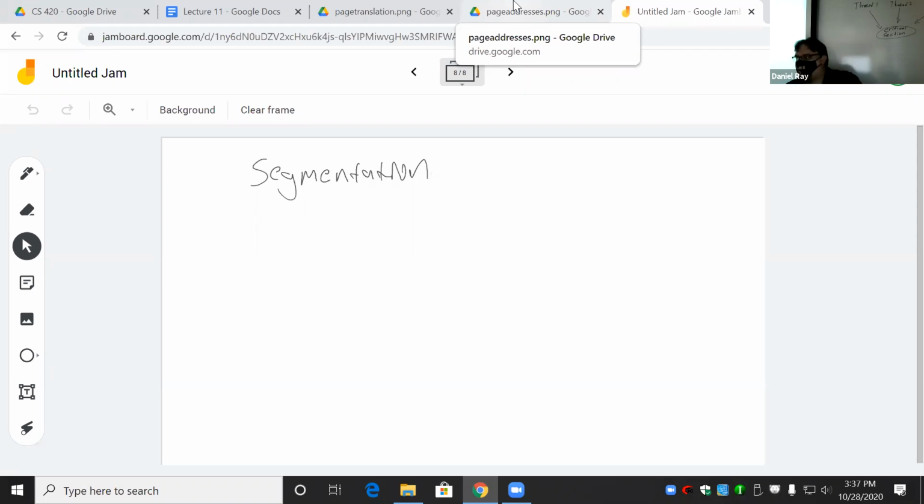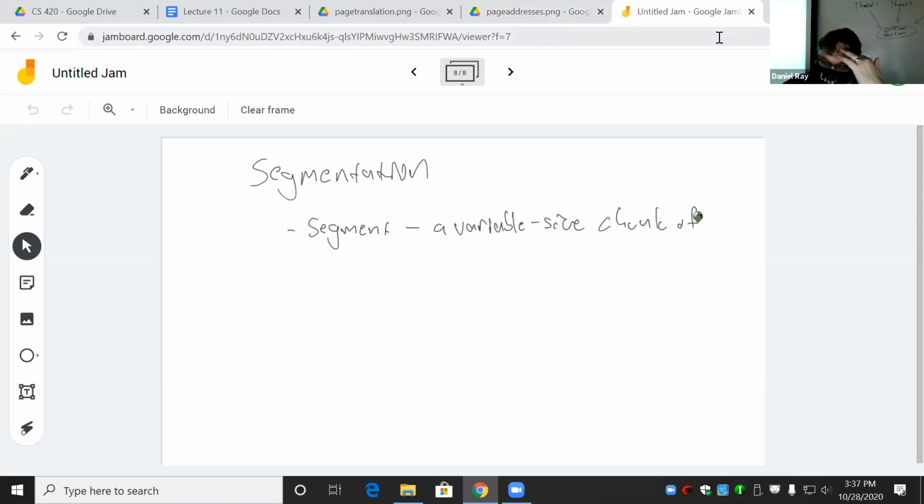I bring that up because our discussion here is going to highlight what is actually meant by a segmentation fault. Okay, let's start by saying what a segment is. So what is a segment? It is a variable size chunk of logical address space.